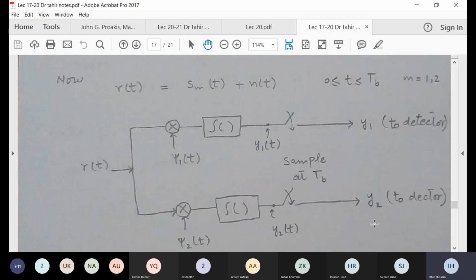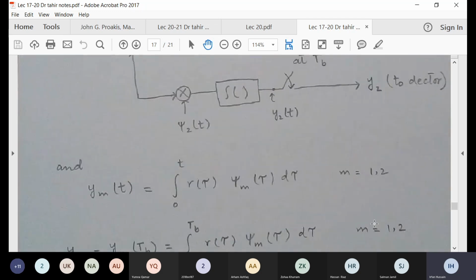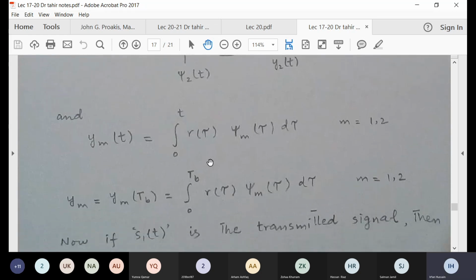Previously you were just getting y, and now you will be getting y1 and y2.